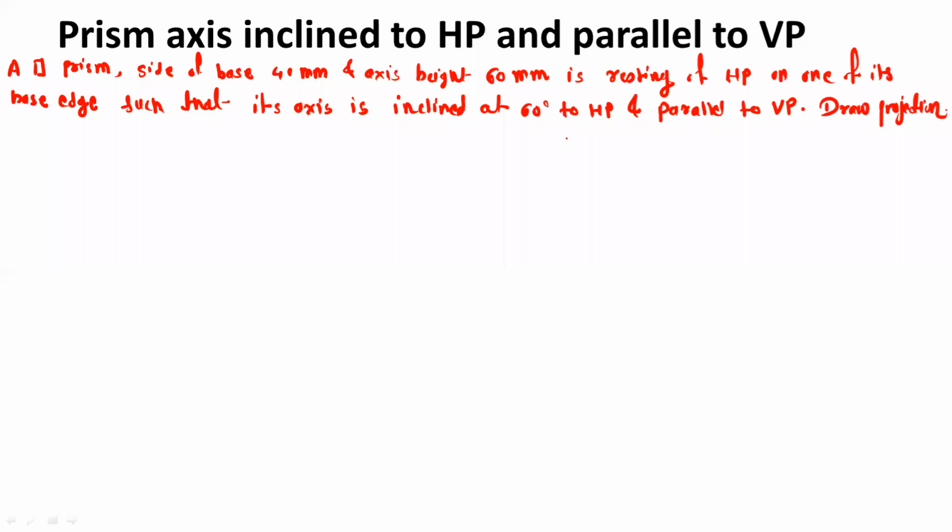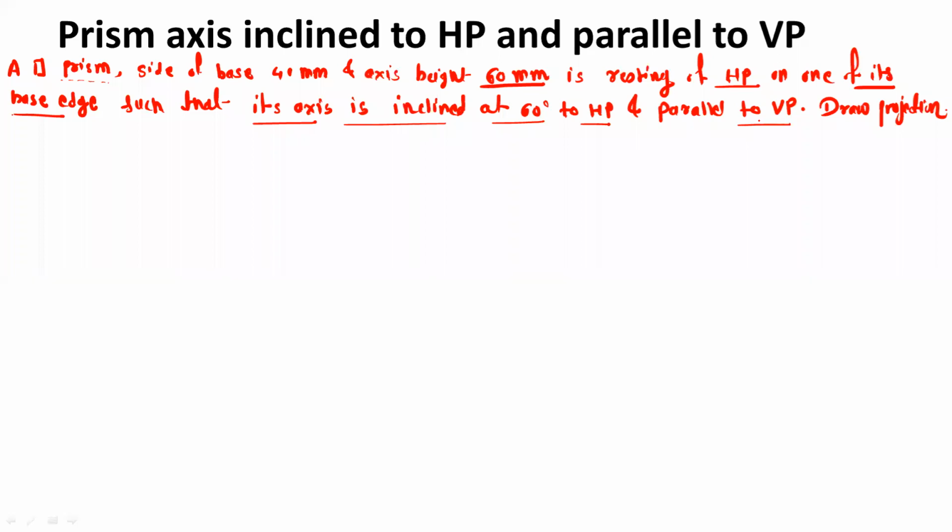So for this condition, you can note down this problem. A square prism, side of the base is 40 mm and its axis height is 60 mm, is resting on the HP on one of its base edges such that its axis is inclined at 60 degree to the HP and it is parallel to the VP.